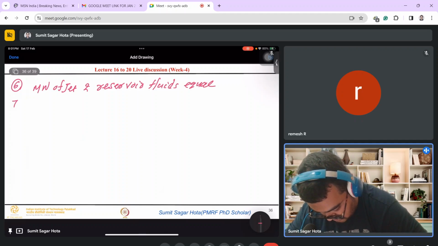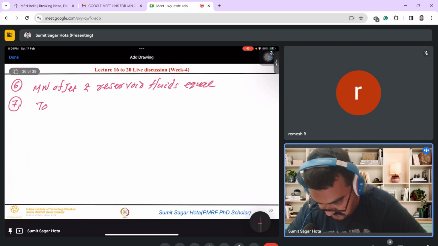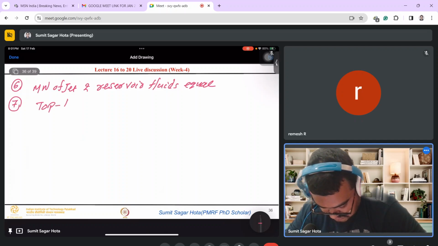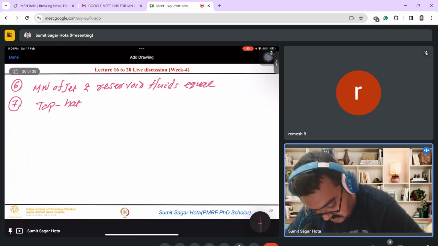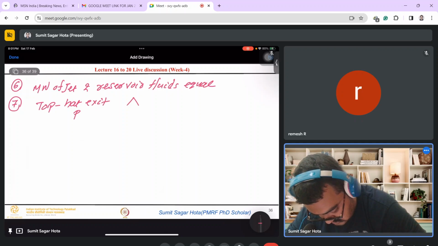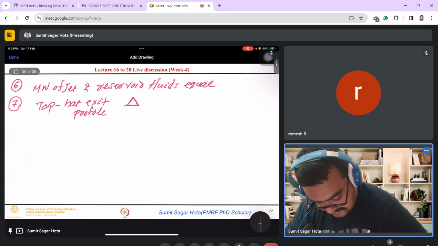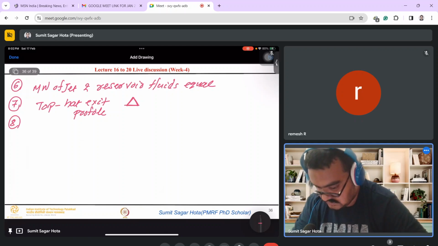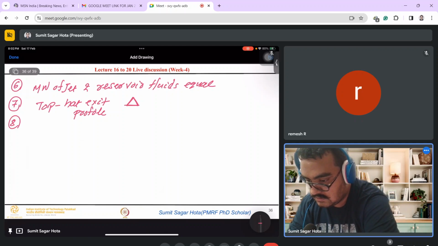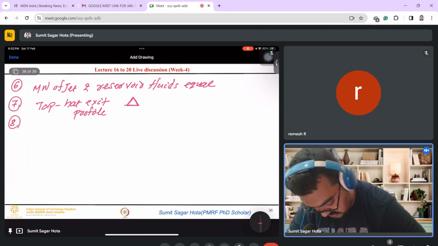This is a very good type of exit profile: top hat. Whatever the exit will be, it looks like this hat. This is a top hat exit profile. Then rho equal to constant.